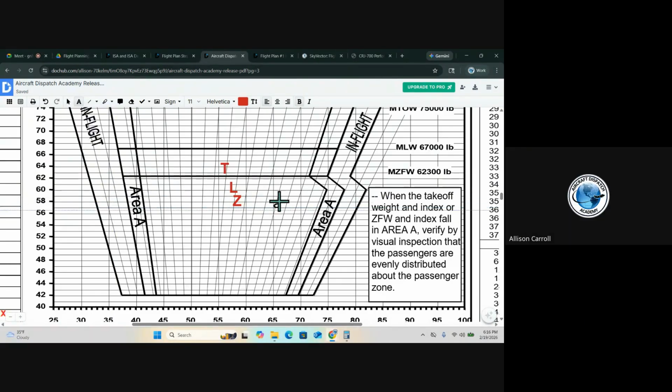All right. So again, this is why we graph it out. If any of you have been on the CRJ 700 or even on a CRJ in general, just the smaller regional jets, and either the captain or a flight attendant came out and said, hey, we need somebody from row 2 to move to row 10.